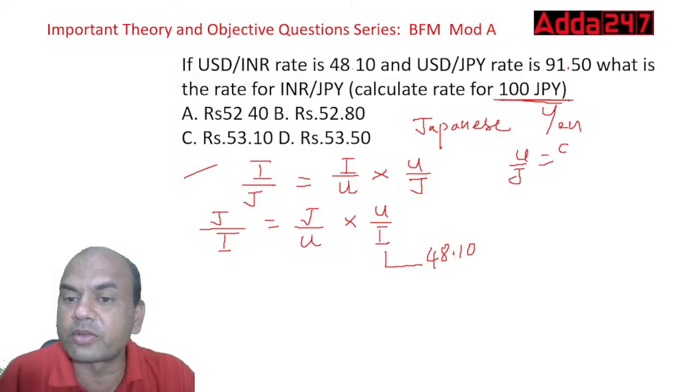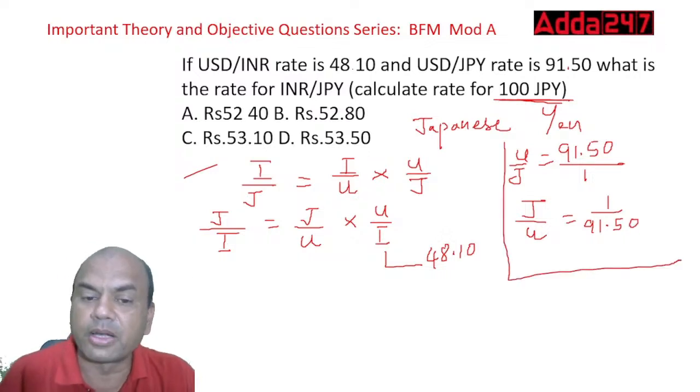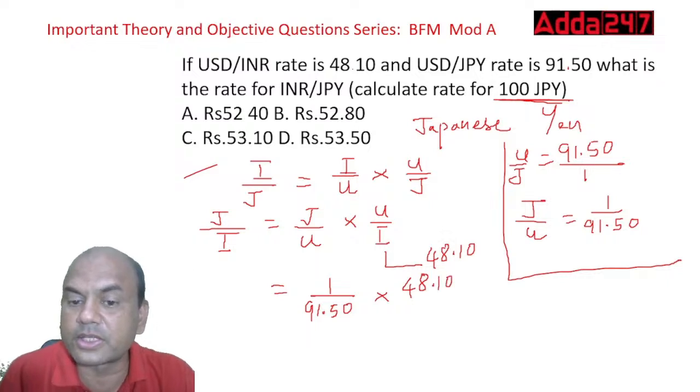So if I want JPY to USD, it is 1 upon that. So JPY to USD equals 1 upon 91.50. Okay, that will be the rate. So now I've got the JPY to USD rate. Multiply this, put it over here. So my answer will be 1 upon 91.50 into 48.10.